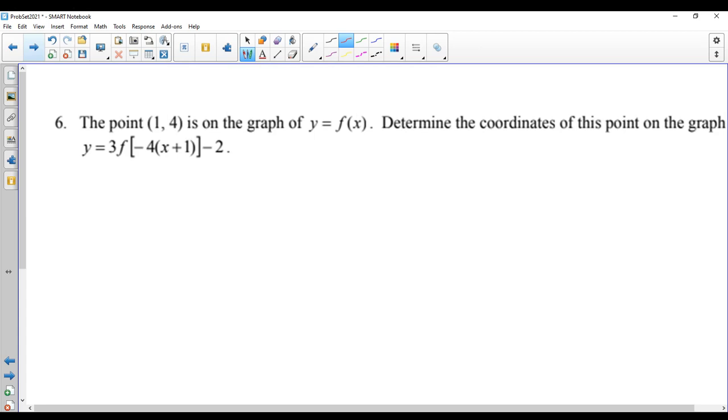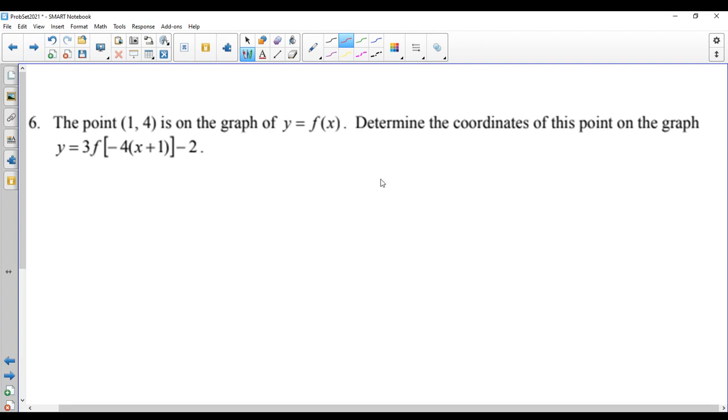Now let's get to number 6. I think you could all do this one on your own, but I'm going to work it through with you anyway. The point (1, 4) is on the graph. They don't give you the graph. They just tell you that this point is on the function, and then they ask you to determine the coordinates of the transformed point.